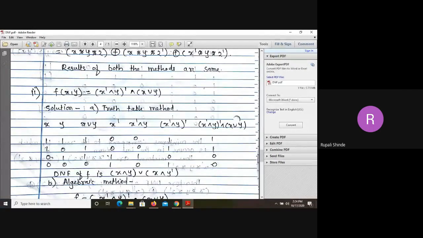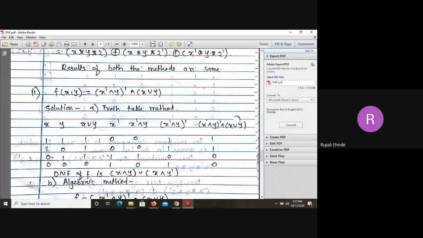Taking the product: 1 into 1 is 1, 1 into 1 is 1, 1 into 0 is 0, and 0 into 1 is 0. So these are the values in the last column, 1 1 0 0.